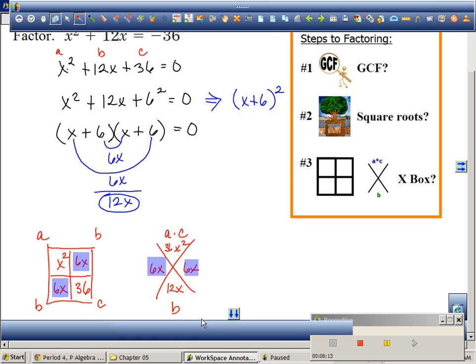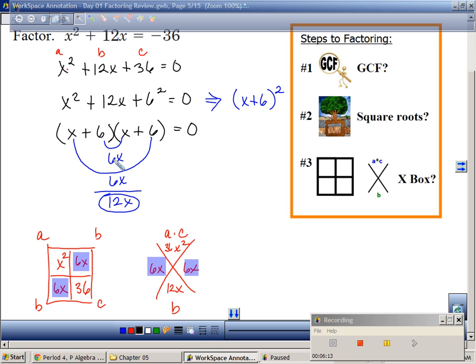Okay, so why do we use this Xbox method? When it doesn't go in perfectly, when we're trying to second guess how to do this method, right, straight factoring. So we use it to factor. This is basically like a multiplication table. For instance, if you have this multiplication table and this is 6, what two numbers do you have to multiply to get 6? 2 and 3, right?